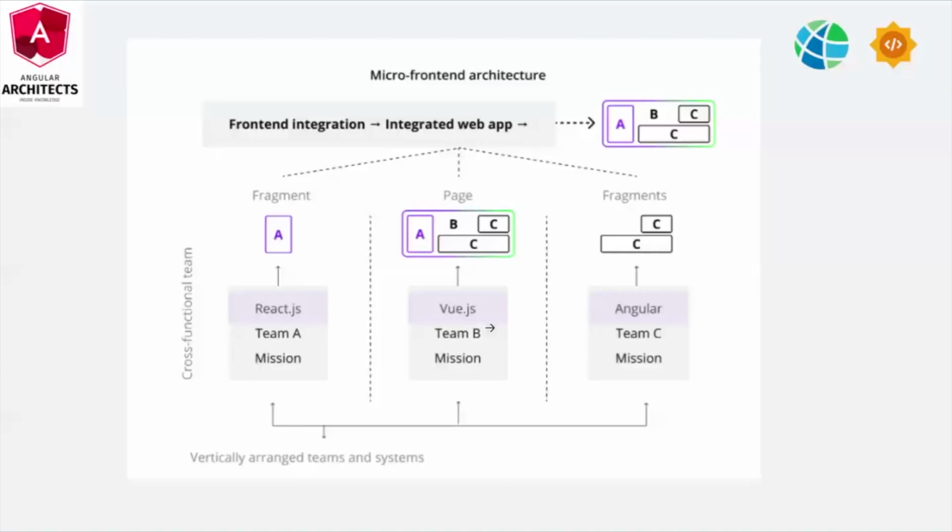So this is the micro-frontend architecture, and this was the main reason why we converted the application to micro-frontend architecture. Several parts of the Mifos application will be created in future.